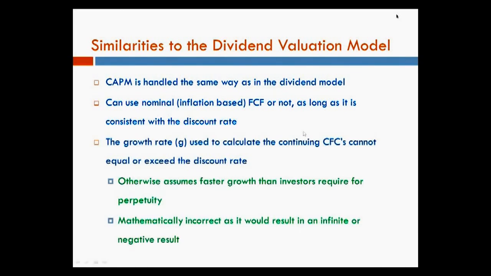Cap M is Cap M. Inflation doesn't matter. The growth rate is exactly as we would have calculated the growth rate or assumed the growth rate from the dividend model. It cannot be greater than your discount rate because it'll both mess up the math and it's irrational. It's illogical that you're growing faster than your investors require.